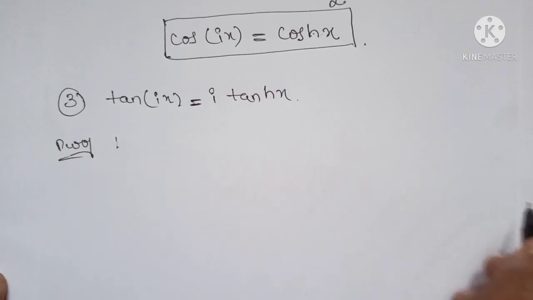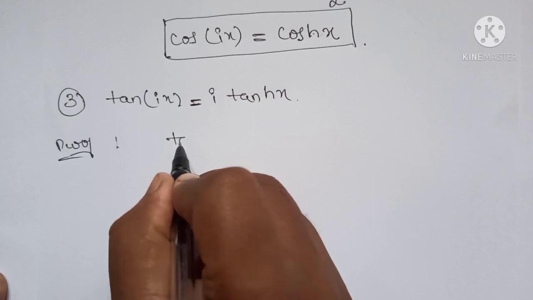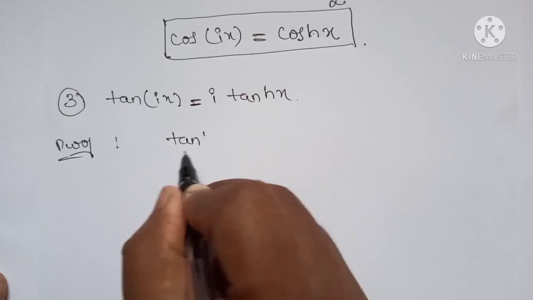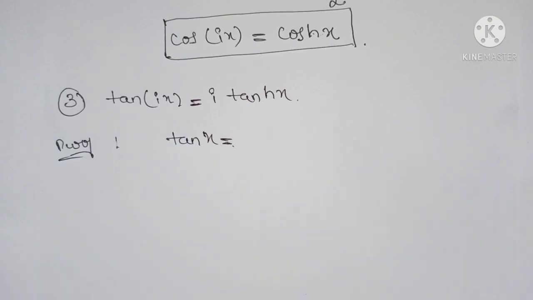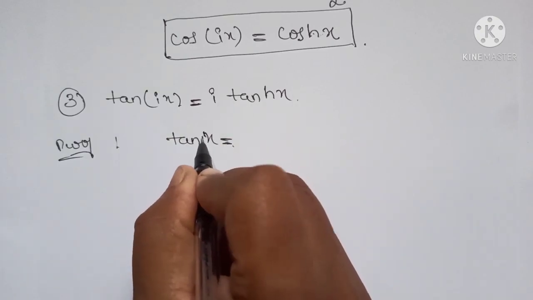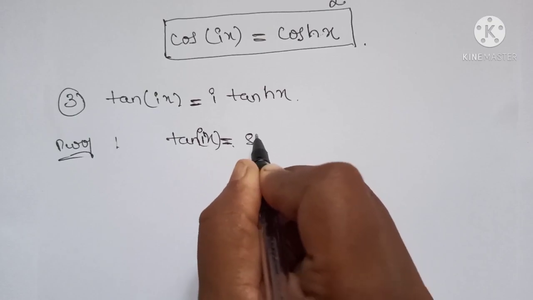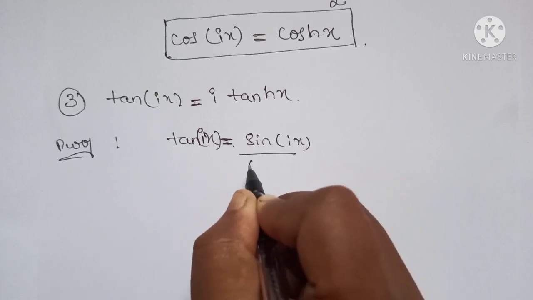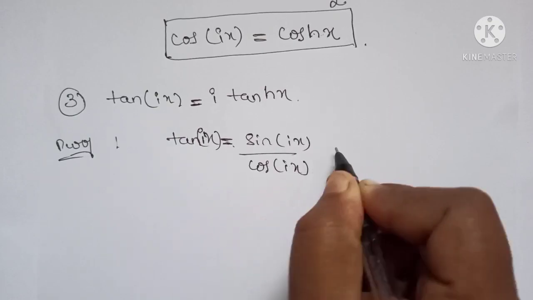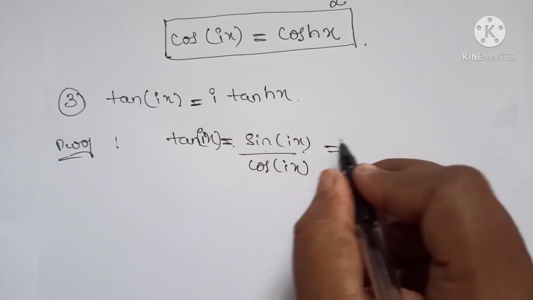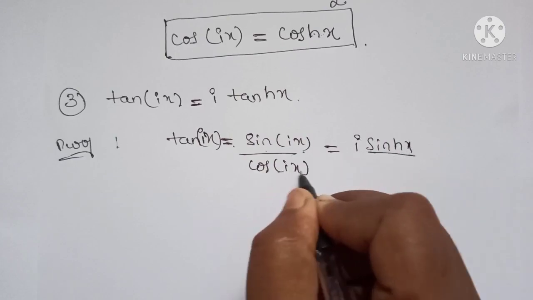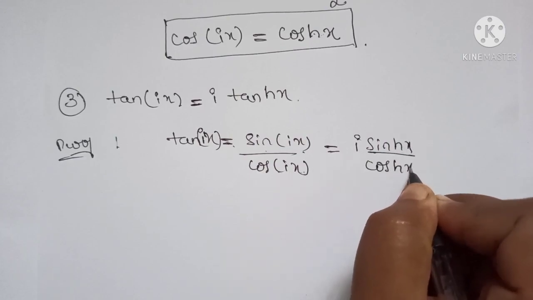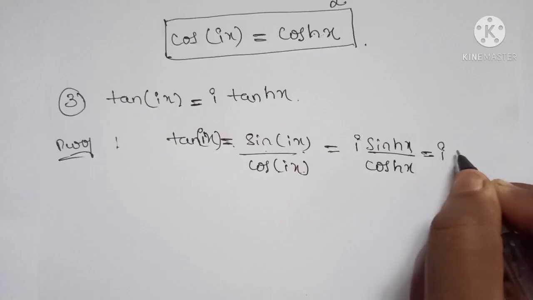We know that tan x is equal to sin x by cos x, so we get tan of ix equals sin of ix divided by cos of ix. We have already proved that sin of ix is i sin hx, and cos of ix is directly cos hx. So therefore we get i sin hx by cos hx, which equals i tan hx.